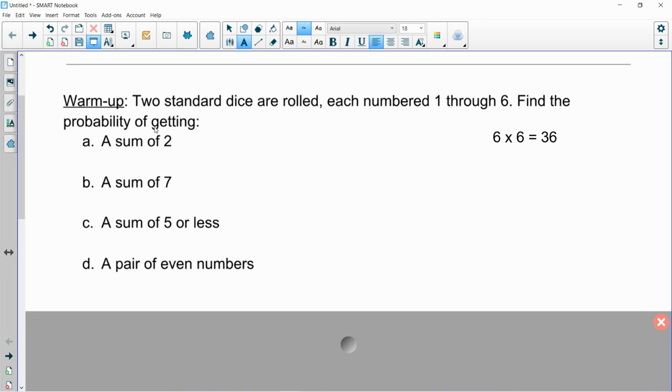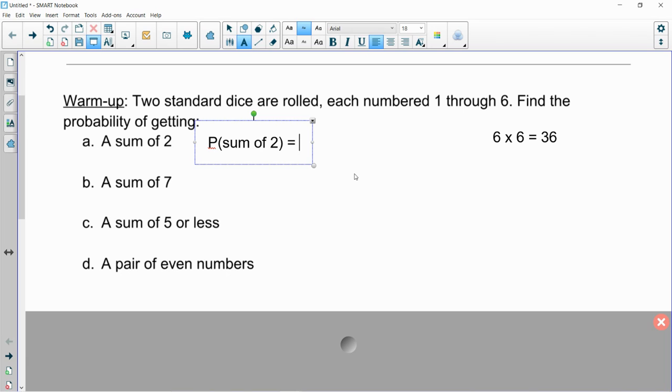So, a sum of 2. And let's also get in the habit of writing a nice probability notation. So capital P, and in parentheses, sum of 2. Let's think about this. That means we would be adding together the numbers that we see on the dice. How many different ways can we arrive at a sum of 2?